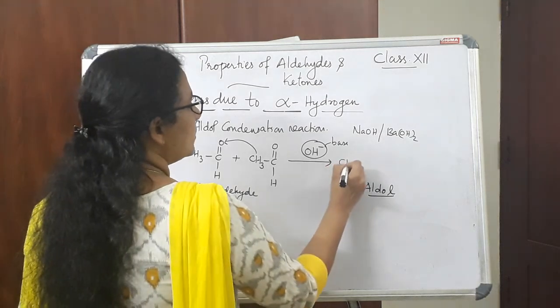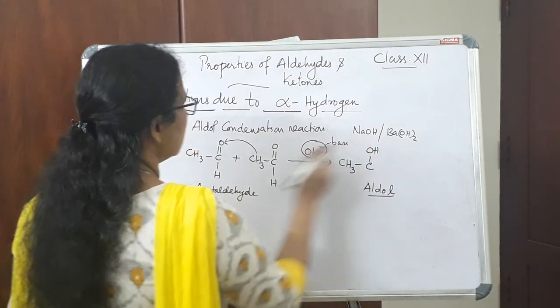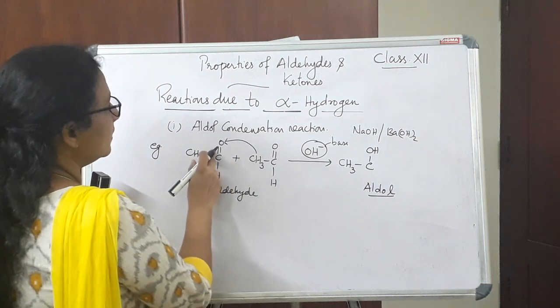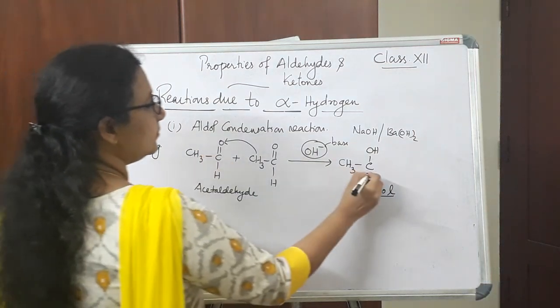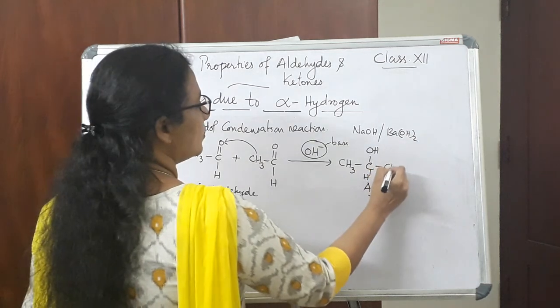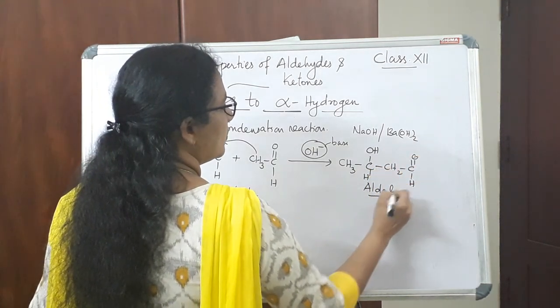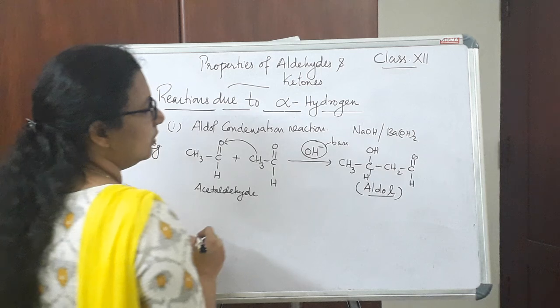We can draw the structure of aldol: CH3CH(OH), then the rest of the part, CH2CHO. This is called an aldol.